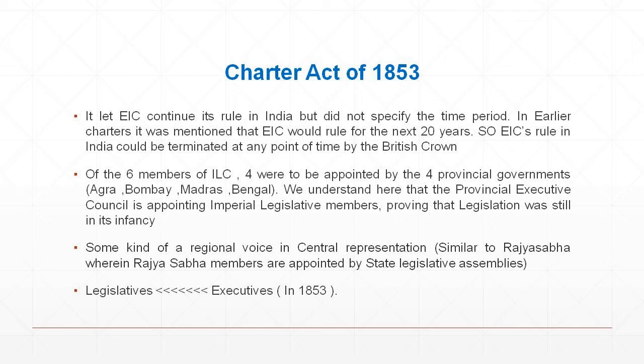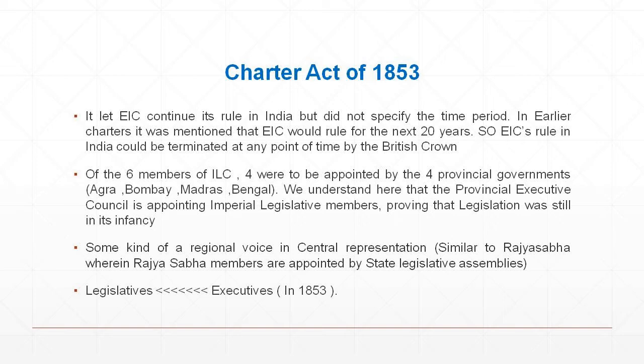See, the company's rule was extended. The legality given to East India Company's rule in India by the British Parliament was extended every 20 years. So in 1793 we have the Charter Act of 1793 which extended the East India Company's legality to rule India till 1813.